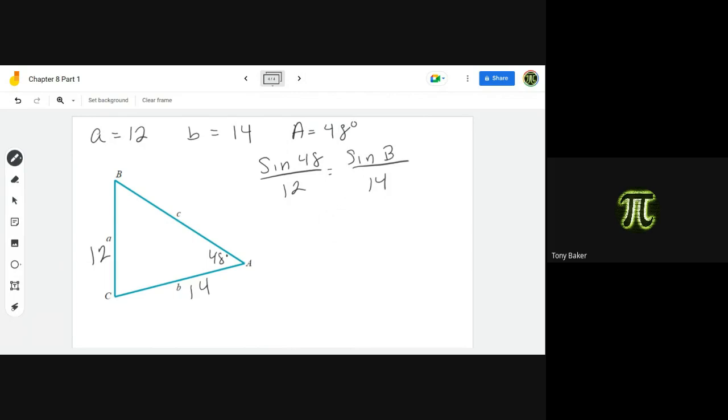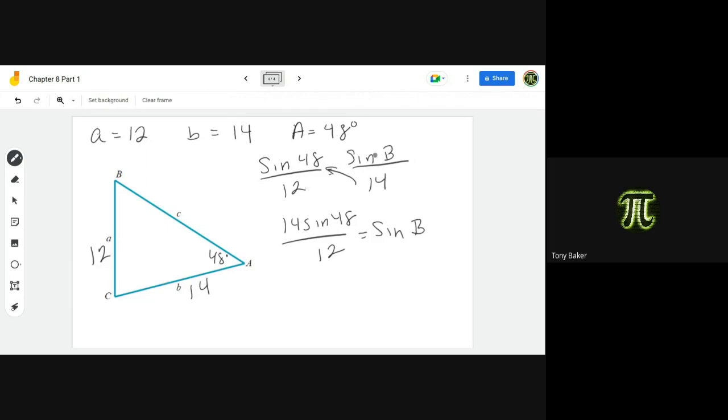All right. How do I solve this one? Same concept, cross multiply. Actually, in this one, I'm not going to do a complete cross multiplication. Because if I just multiply the 14, I now have sine of B by itself.